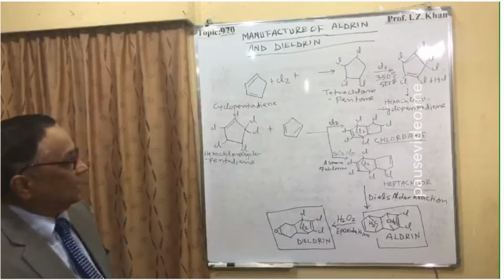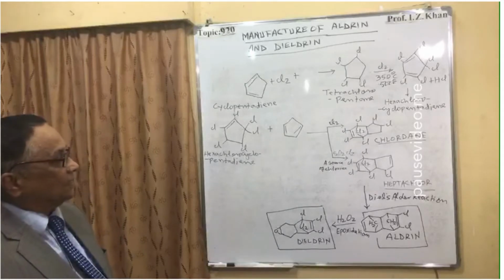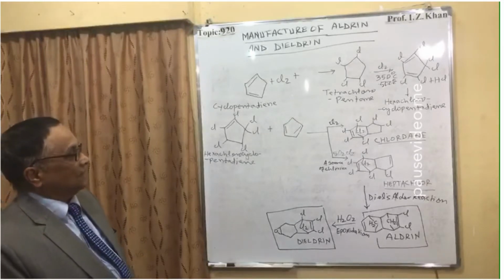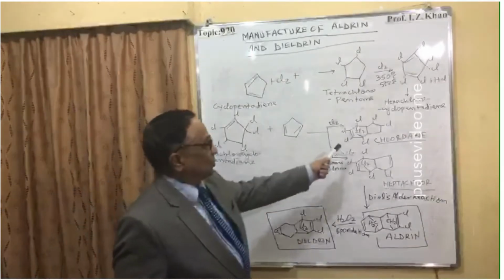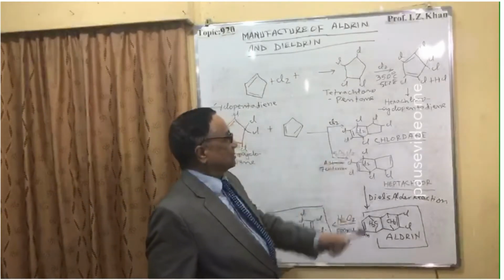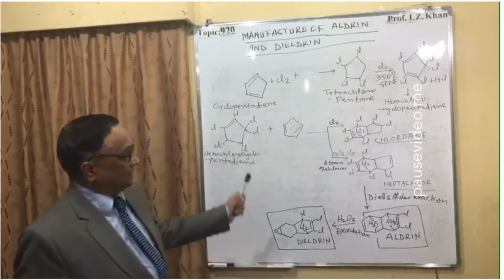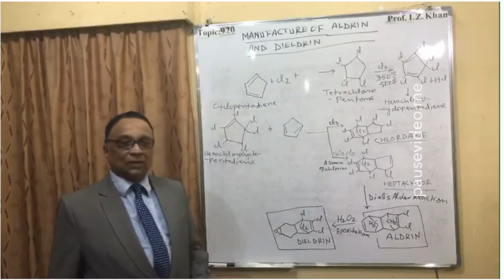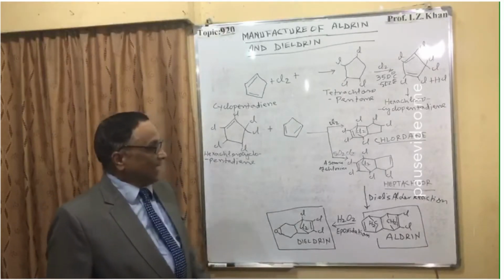And this hexachlorocyclopentadiene is again treated with cyclopentadiene, and the one product you will get is chlordane. This is chlordane, which contains 6 plus 2, 8 chlorine, and when it is treated with SO2Cl2, the source of chlorine, it is converted into heptachlor.